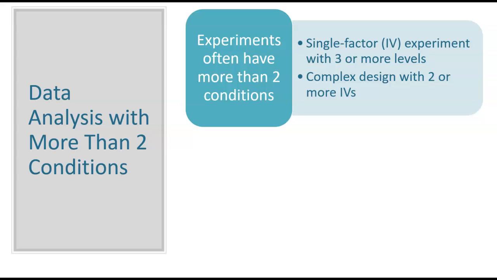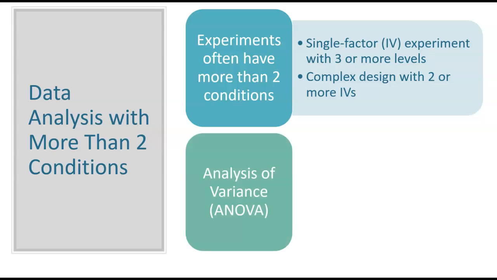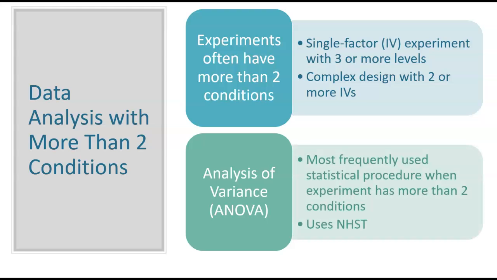So we can have single factor experiments where you have one independent variable with 3 or more levels. There can also be complex designs, which we often call factorial designs, where you have 2 or more independent variables and you're looking for interactions among them. The type of statistic that we typically use to do the data analysis in these cases is called the analysis of variance.